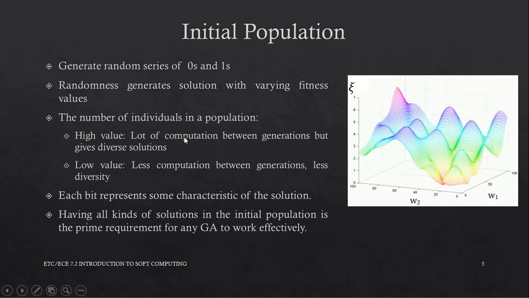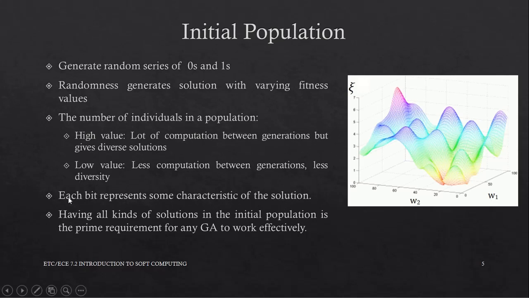Each bit in some way represents some characteristic of the solution. These characteristics may be either good or bad. Good characteristics make the fitness value of the solution very high, and vice versa. The bad characteristics make the fitness value low.